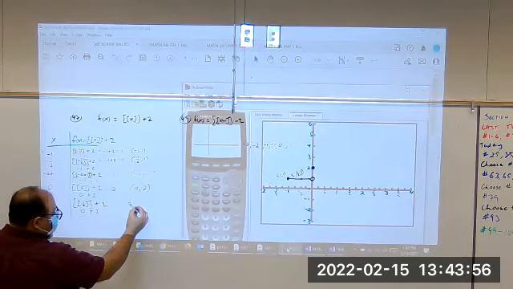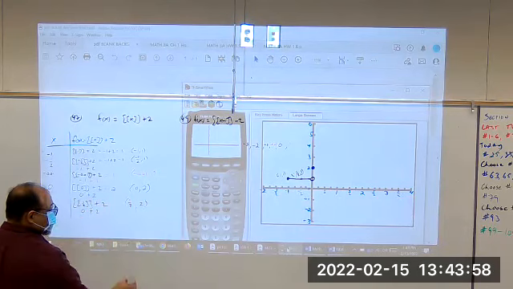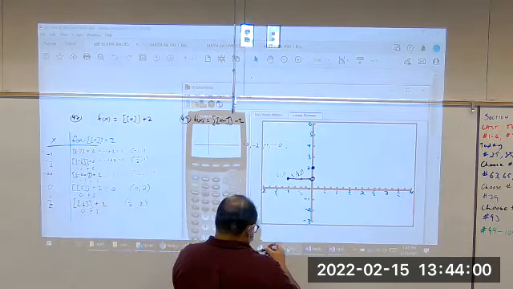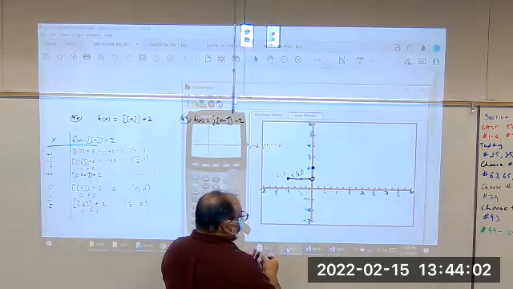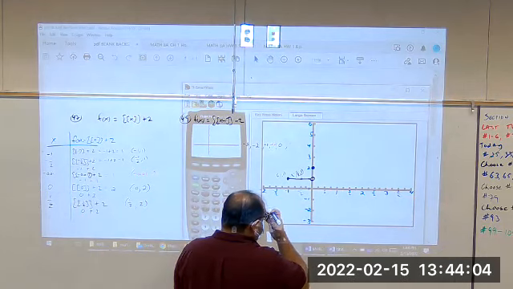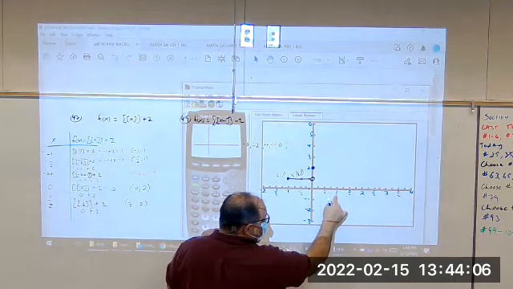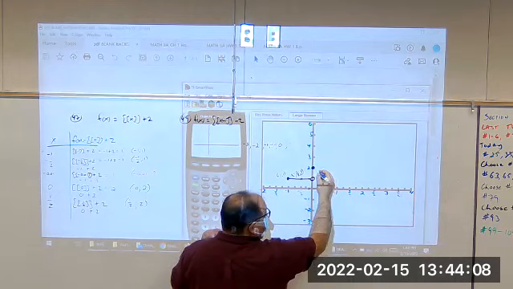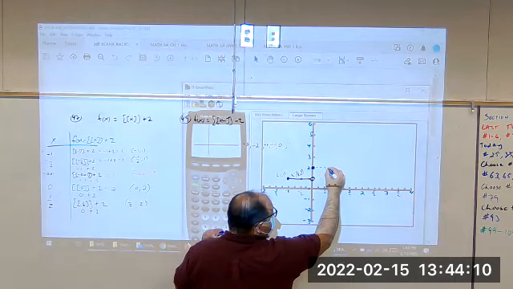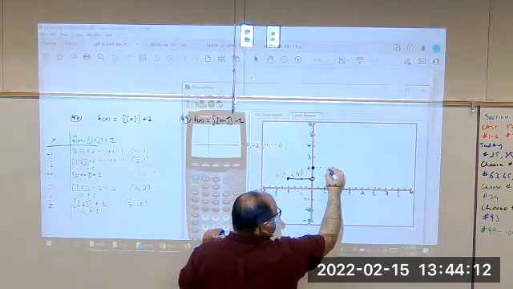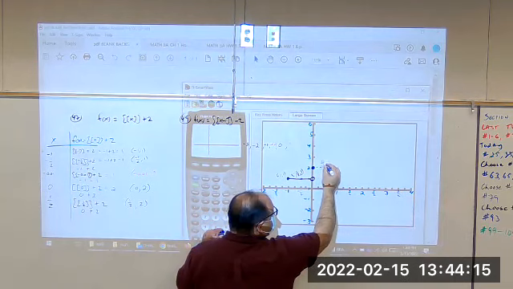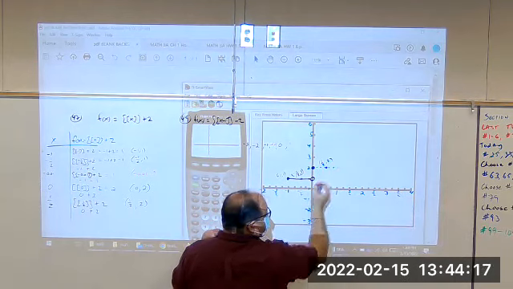So when we plug in 1/2, we get 2. Everything from x equals 0 up until x equals 1, all of these answers are going to have y values of 2.